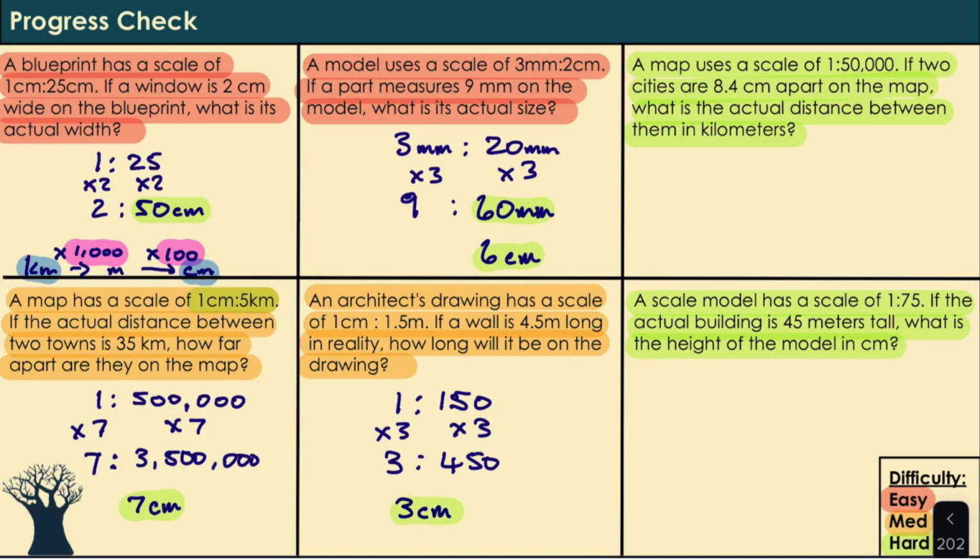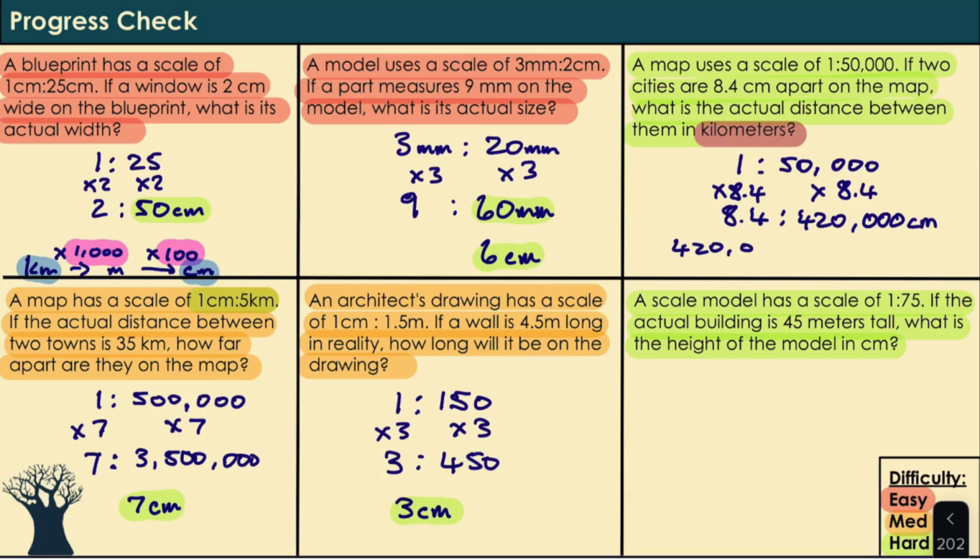Next, we have a map with a scale of 1 is to 50,000. And they tell us the two cities are 8.4 centimeters apart. So we have our 8.4. What have we scaled up by? We multiplied by 8.4. And we do the same on the other side. So let's first convert 420,000 centimeters into meters. We would divide that number by 100, so we would take off 2 zeros and we'd have 4,200 meters.